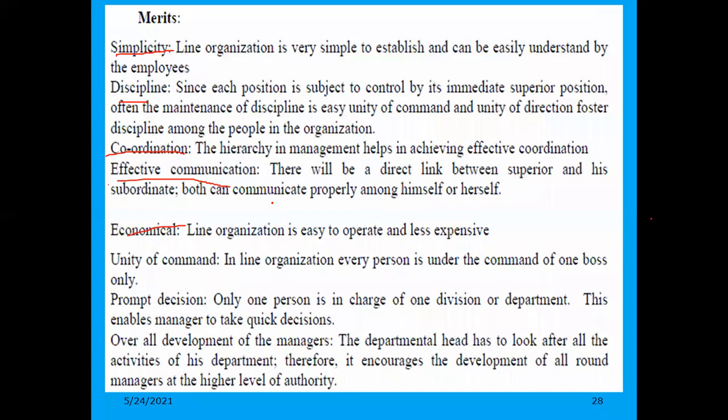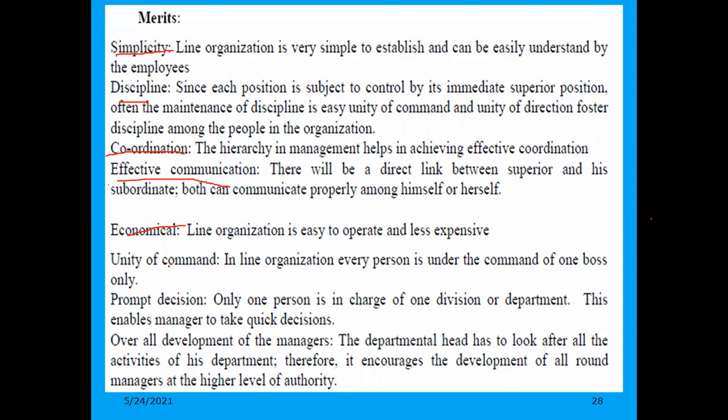Next one, economical. Line organization is very easy to operate and inexpensive. Economical and the finance status. So finance status is optimum. Finance status is good. And what is the meaning here? So they are using the resources correctly.